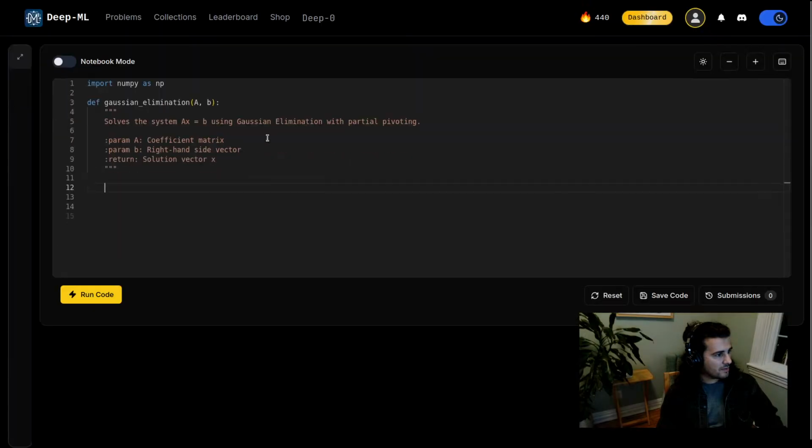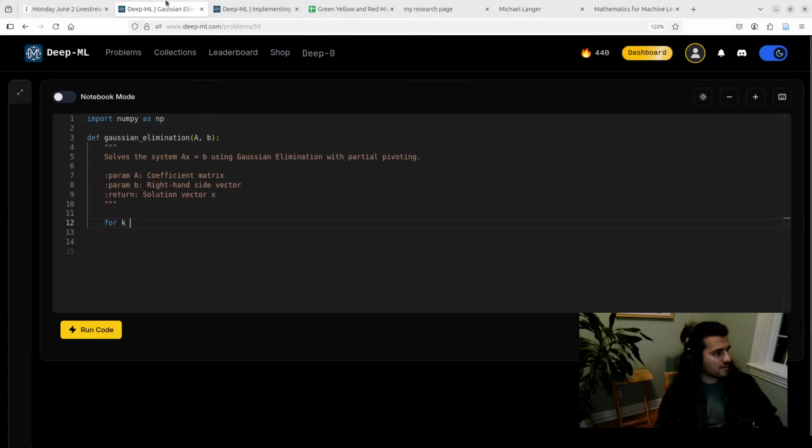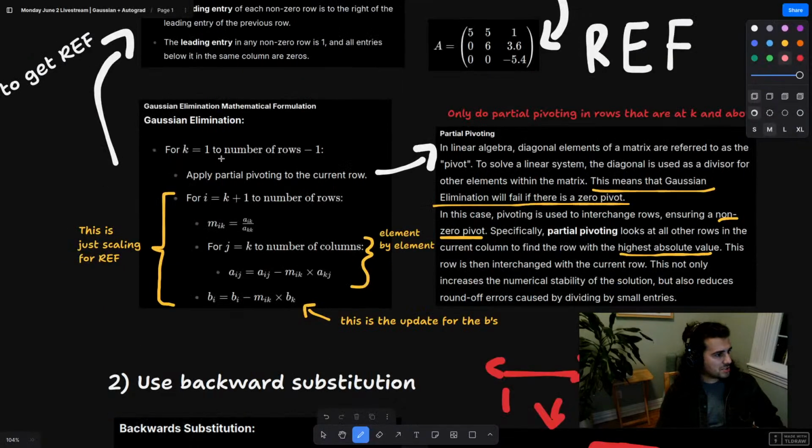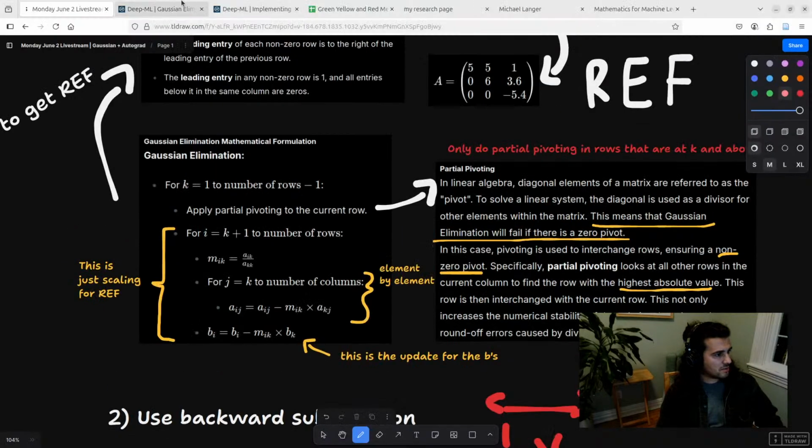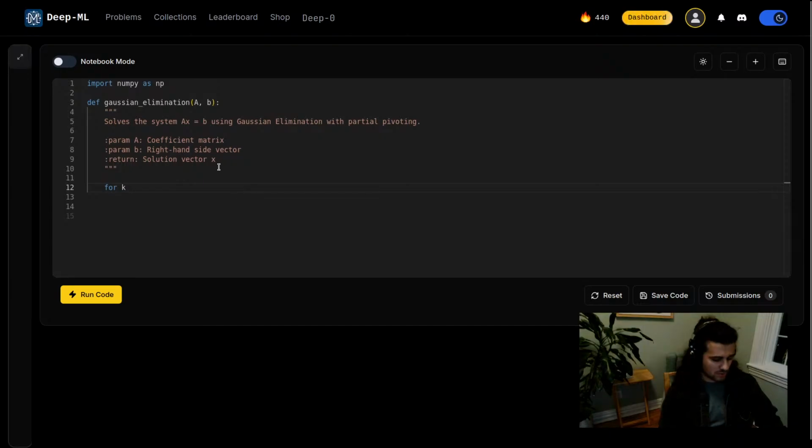So we're gonna use the same thing for k in range 1 to number of rows, right? Actually, we can take that out. We can do num row equal a.shape 0, num call equal a.shape 1.